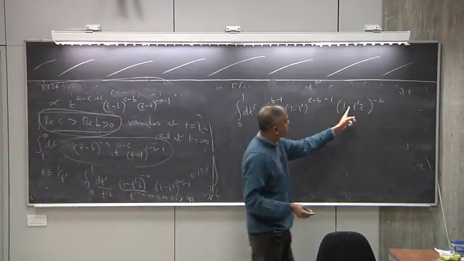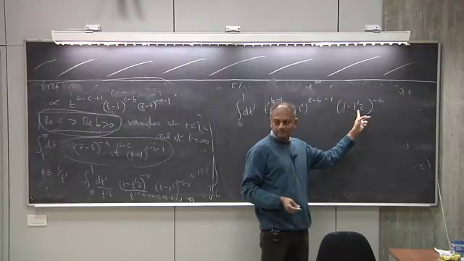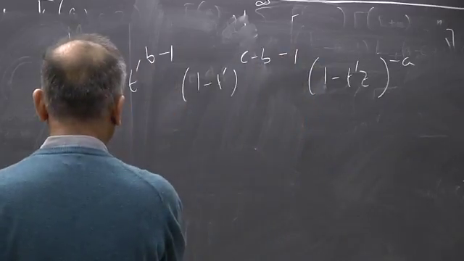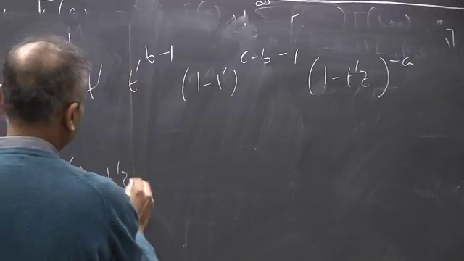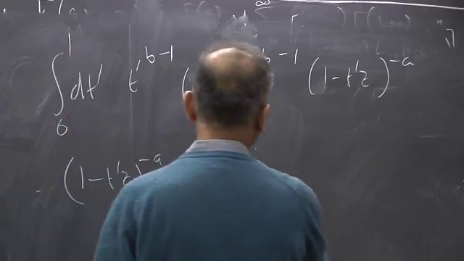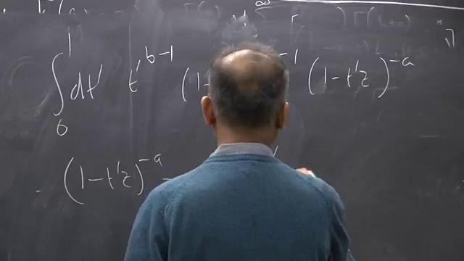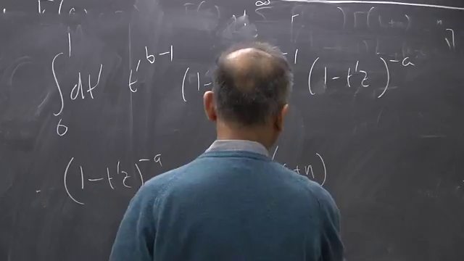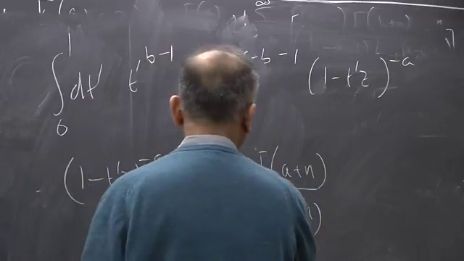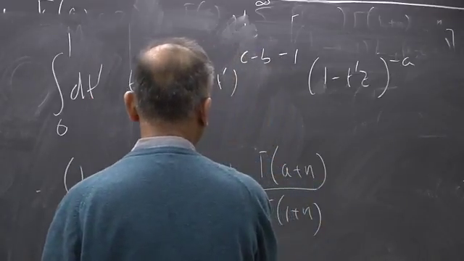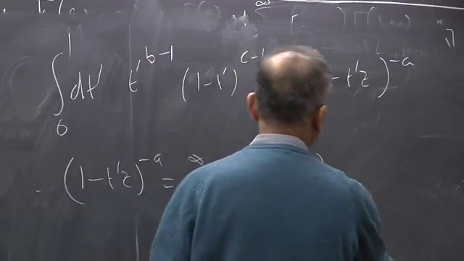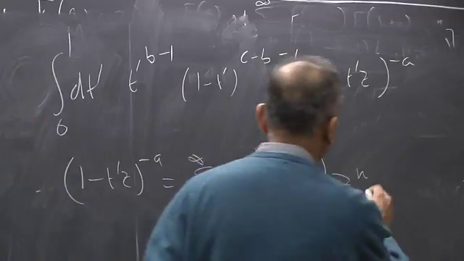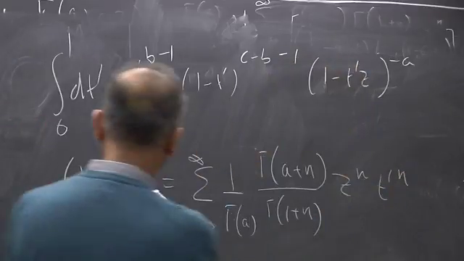So near z equal to 0, I can just make an expansion of this, right? (1 minus t prime z) to the minus a is simply, as we saw before, 1 over gamma a times the sum over n of gamma a plus n over gamma 1 plus n, times t prime to the n, because this whole thing is t prime z.